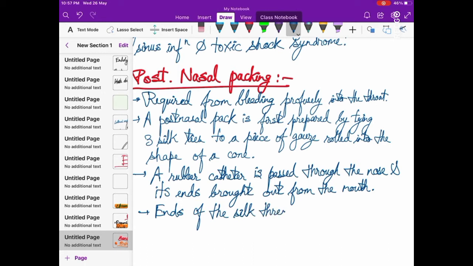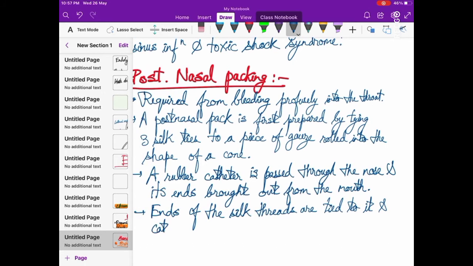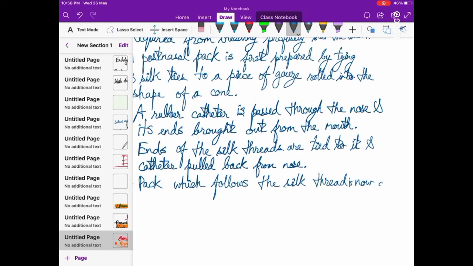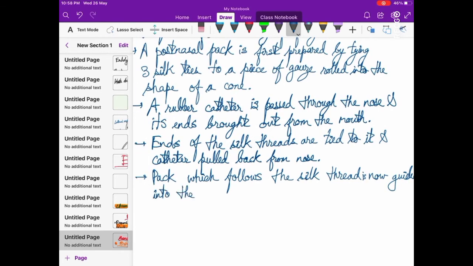Ends of the silk thread are tied to it and the catheter is pulled back from the nose, which follows the silk thread, now guided into the nasopharynx with the index finger.